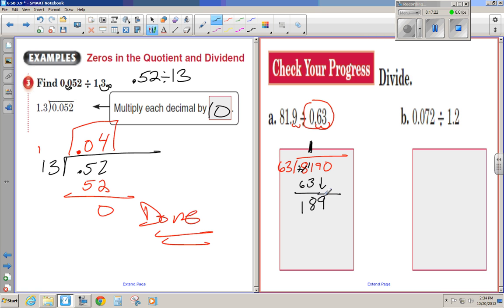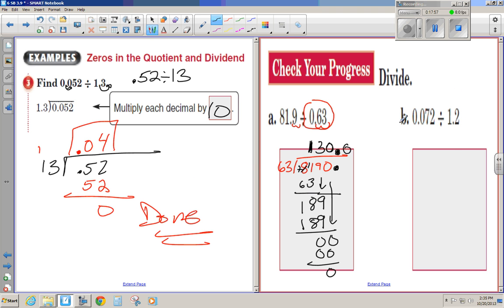Drop down the 9. 63 goes into 189. I'm going to guess 3 times, and we're going to see what happens. 3 times 3 is 9. 3 times 6 is 18. I got lucky. It's 0. Drop down the other 0. How many times would 63 go into 0? Well, 0 times. And we could keep going on with this 0 forever. But we lined it up with a decimal, and you're done.